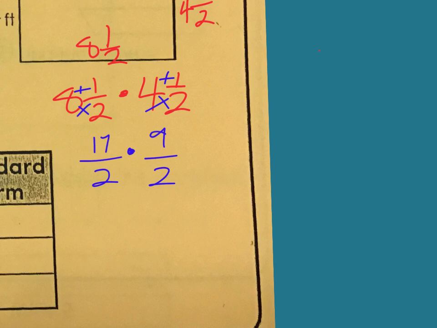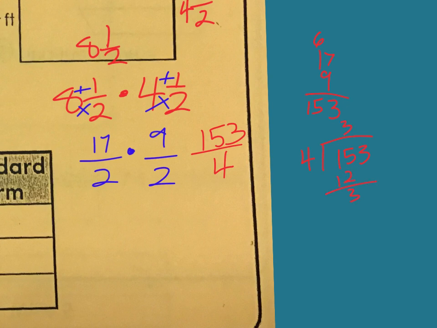So I'm going to go 17 times 9 is 153. And 2 times 2 is 4. So we have 153 over 4. Again, we have an improper fraction, so we need to do some division. So 153 divided by 4. 4 goes into 15 3 times. That gives me 12.